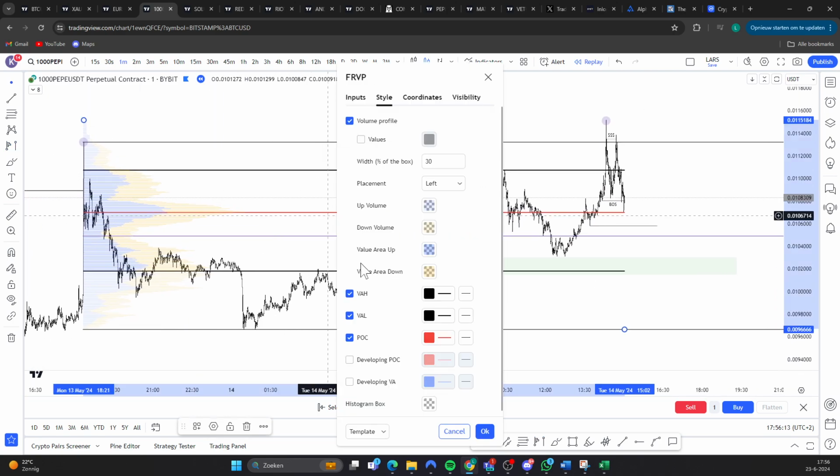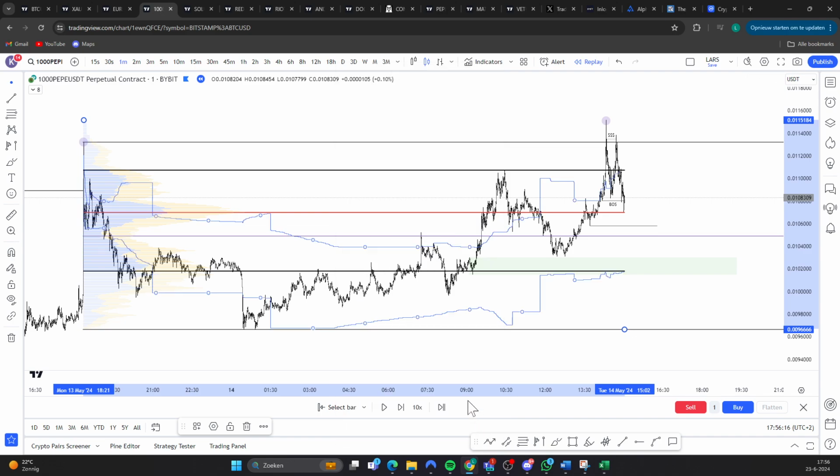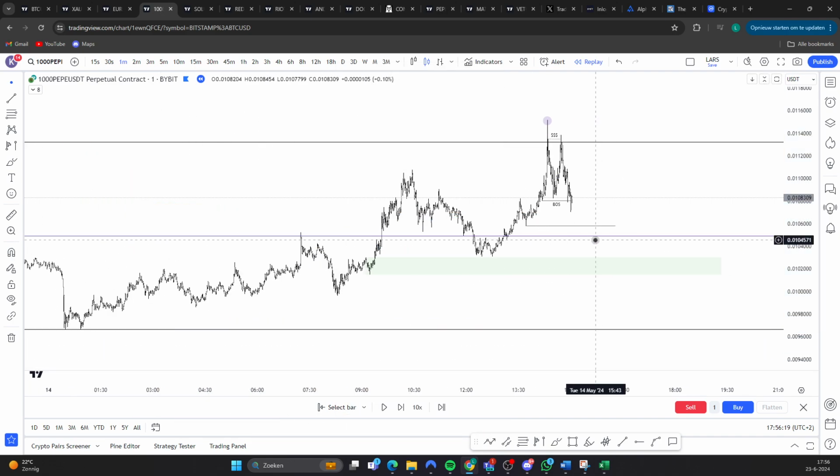This actually moved up. So we're bouncing from the POC.